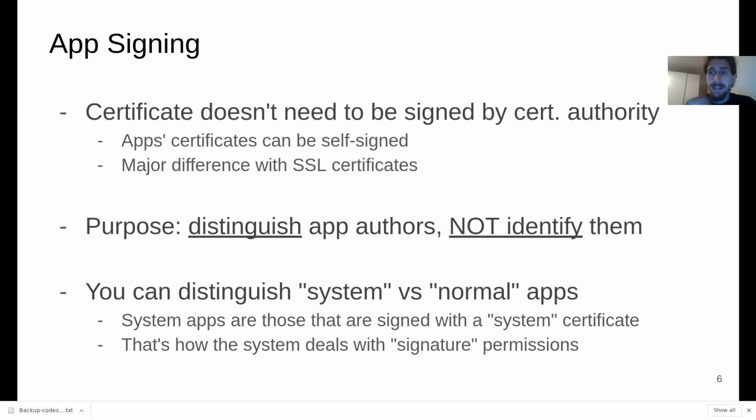So a certificate, as I said before, is just a pair of keys, private and public, and some metadata. Once you get the certificate, this certificate is literally just these things, but there is no certificate authority. Okay. So the apps, we say in Android, can be self-signed, and it's a major difference with SSL certificates.